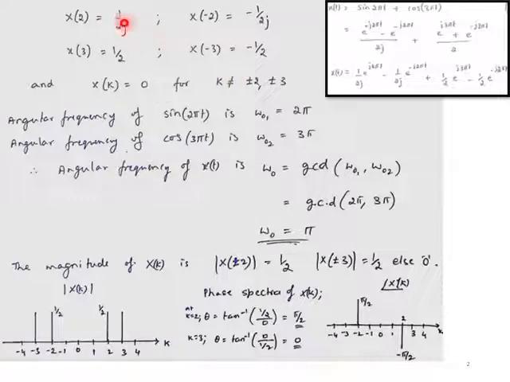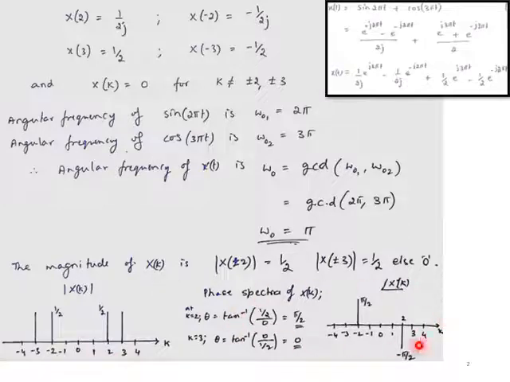We get half, minus half; its magnitude will be plus half. For all the cases, either x of plus or minus 2 or x of plus or minus 3, if I take the magnitude, I'll get half. The rest should be 0. Hence, if I draw the magnitude spectra as a graph, at minus 2, minus 3, 2 and 3 we will have the value half, and the rest all 0.